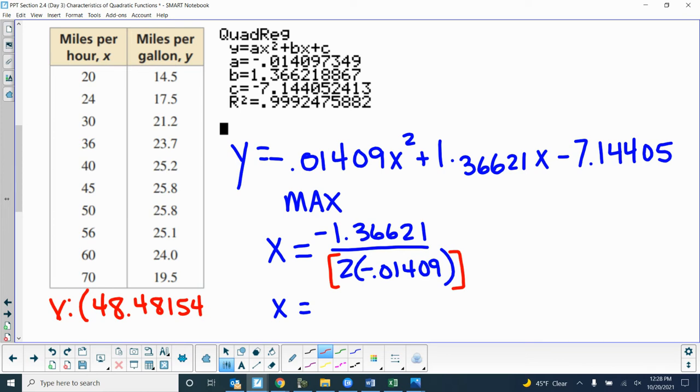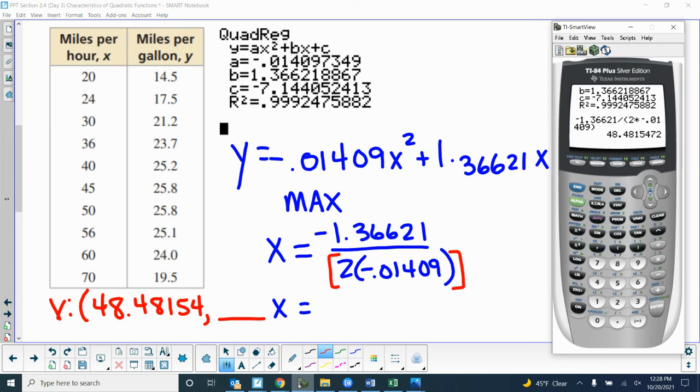Just try to stay accurate. I'm looking for this number, right? The y value. That's the max value. So I want to plug that in. Okay. So negative 0.01409 times 48.